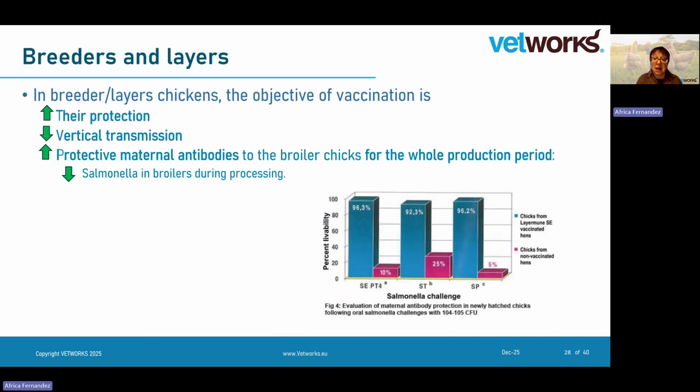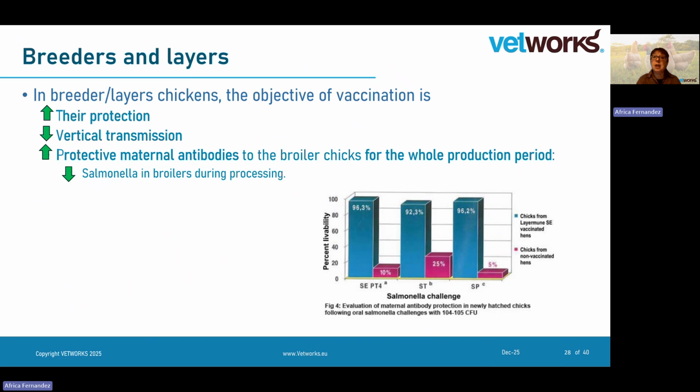The objective of vaccination in breeders and layers is to increase the protection of the progeny, reduce vertical transmission, and so provide the chicks with some antibodies early on when they are still very susceptible, and again it has been proved that it could help.